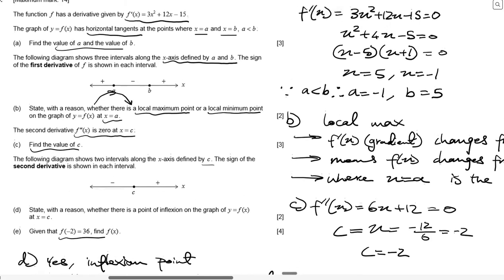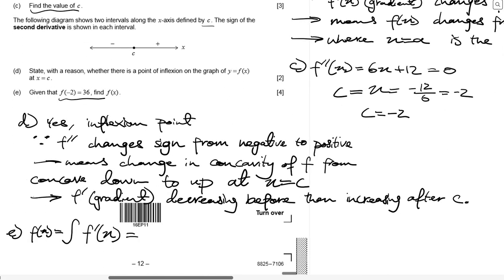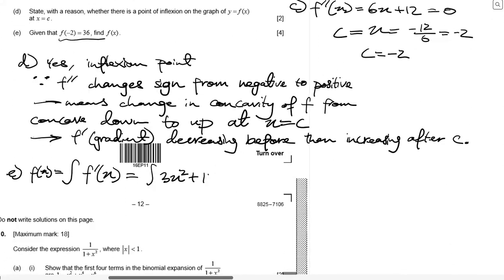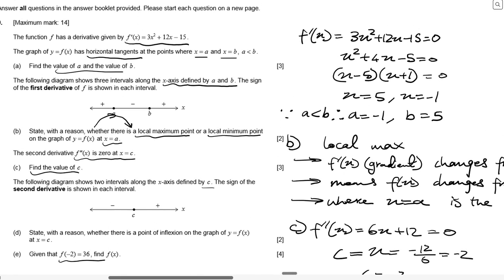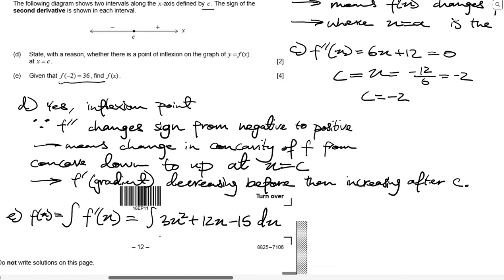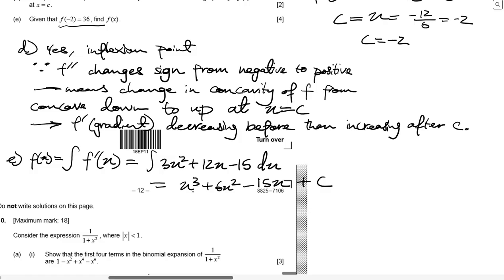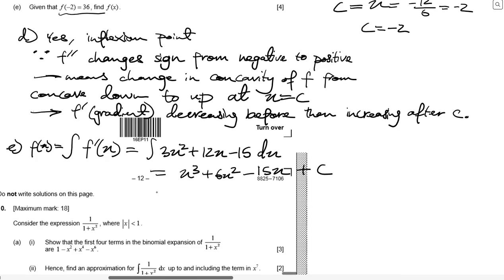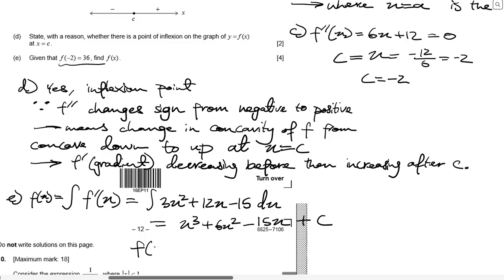And the integral of 3x squared plus 12x minus 15 dx, what we have is x cubed plus 6x squared minus 15x plus c. Right, let's check that. Yes.